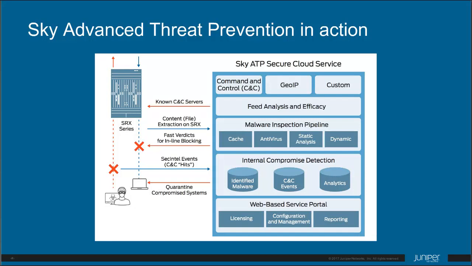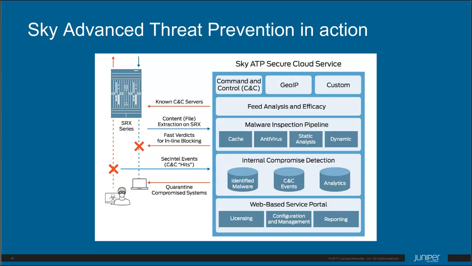All these feeds can be aggregated and provided on SkyATP. So if any kind of communication of a user which is in a network protected by the SRX and SkyATP tries to establish a communication with one of these malicious servers or one botnet, they will be protected as well.